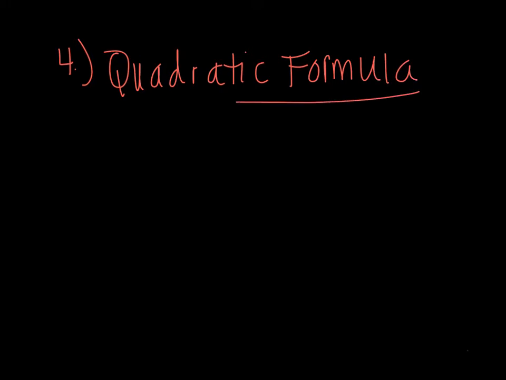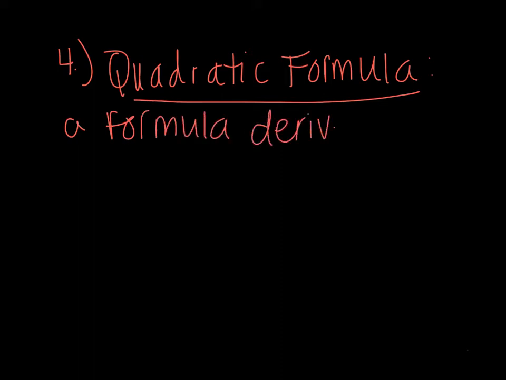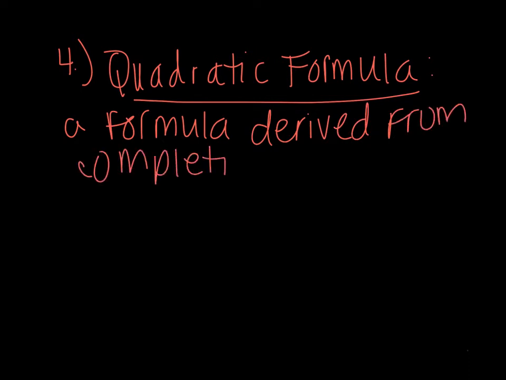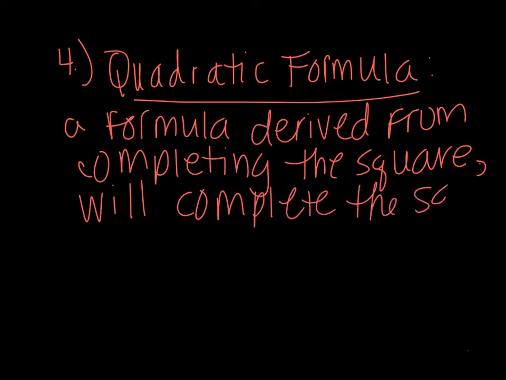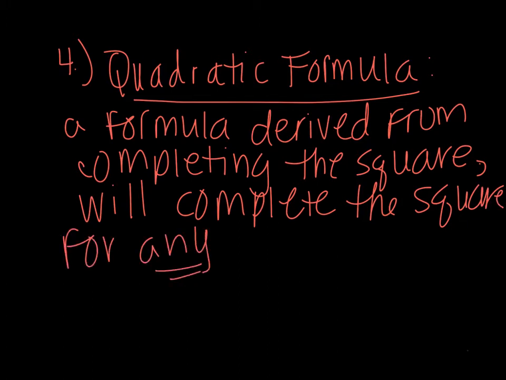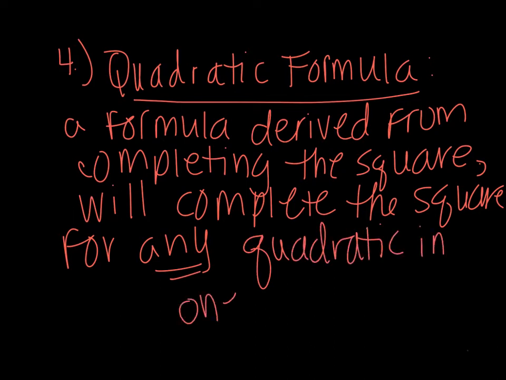And the way that we come up with the quadratic formula, it's a formula derived from completing the square, and this will essentially complete the square for any quadratic in one step.